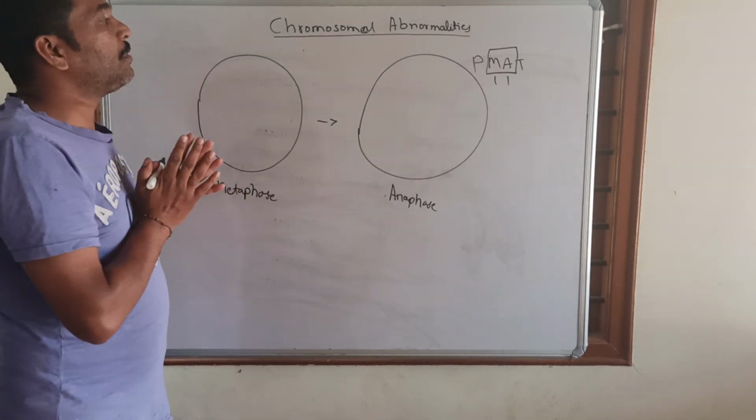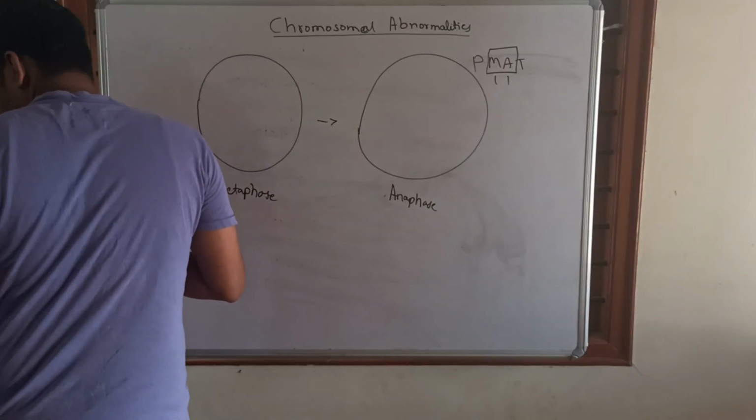Here non-disjunction of chromosomes takes place. What do we mean by non-disjunction of chromosomes? I'll repeat this.